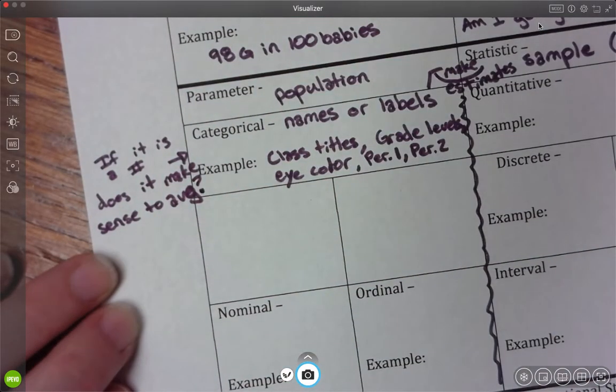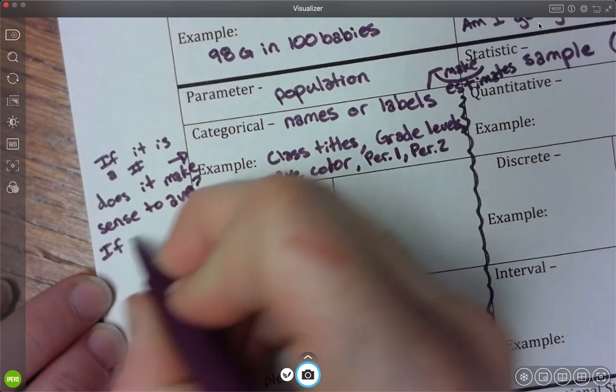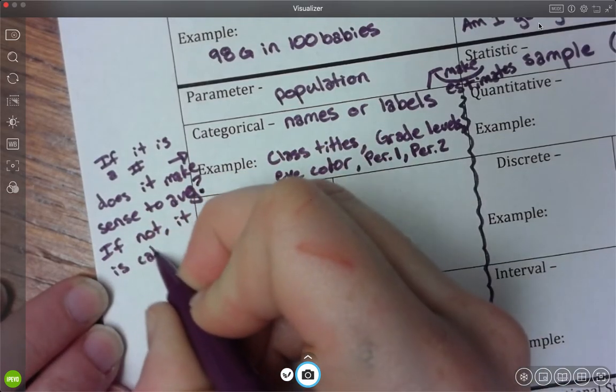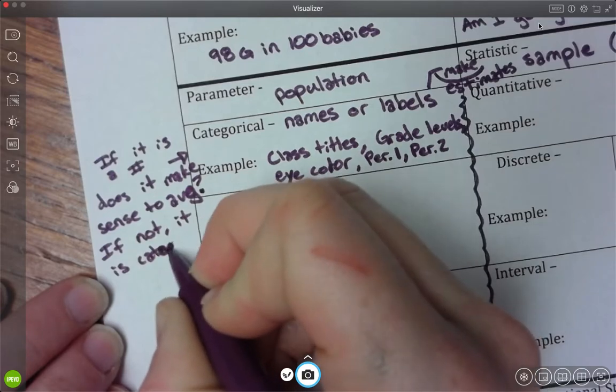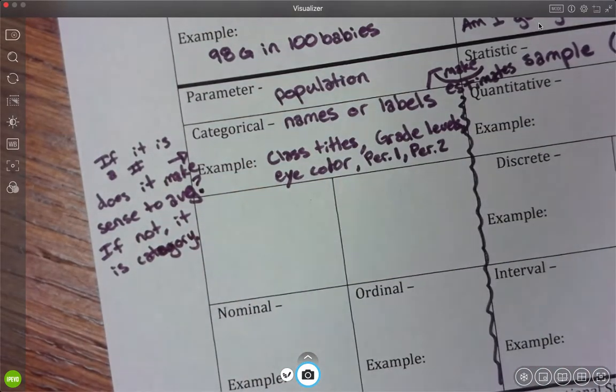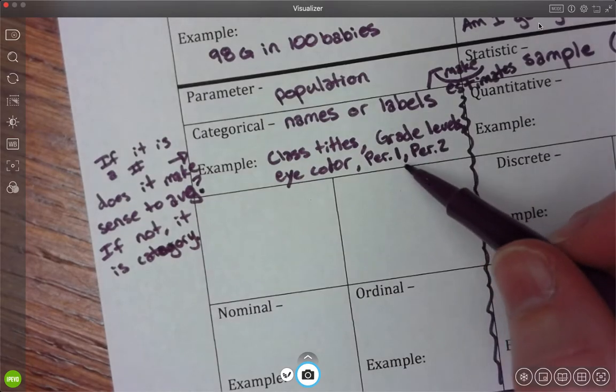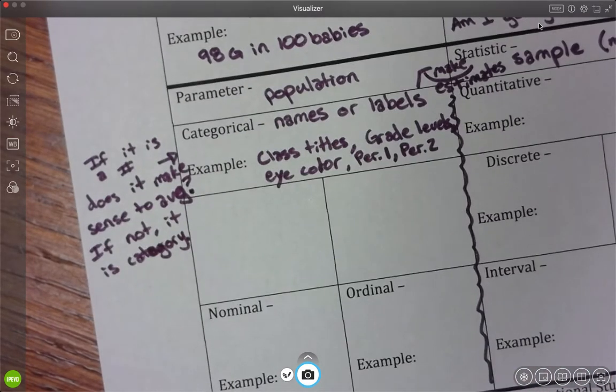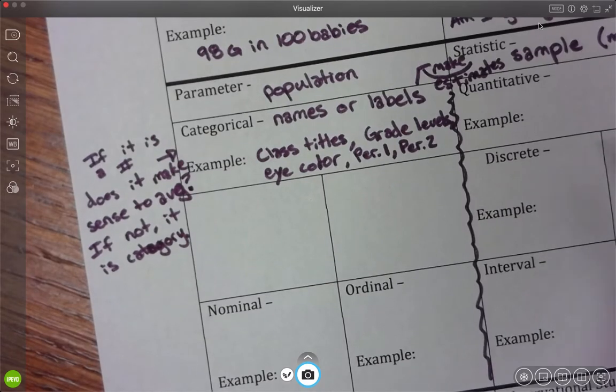Okay, if not, it is a category. Okay, so it does not make sense for me to average period 1, period 2. Like we wouldn't say I'm in class period 2.75, right? That doesn't make any sense. So if it doesn't make sense to take the average, it's going to be a category.